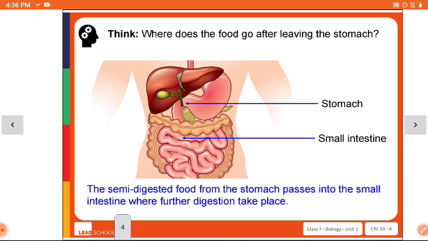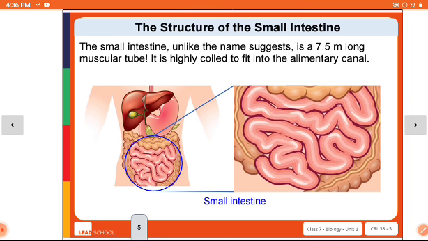The semi-digested food from the stomach passes into the small intestine, where further digestion takes place. The structure of the small intestine: unlike what the name suggests, it is a 7.5 meter long muscular tube. It is highly coiled to fit into the alimentary canal.